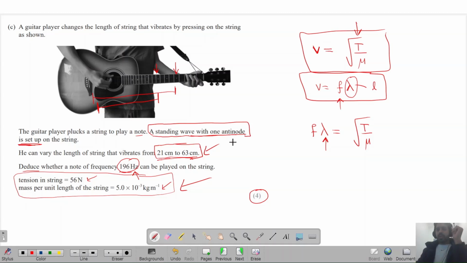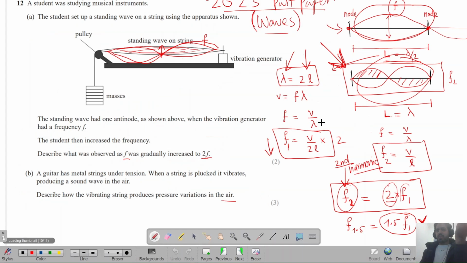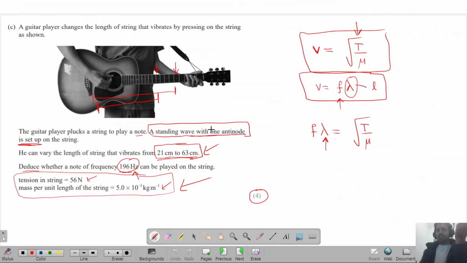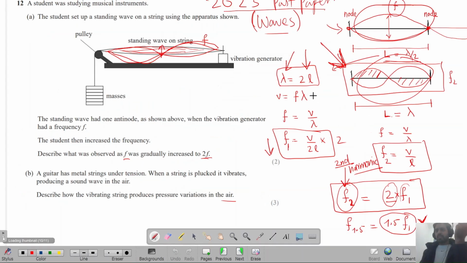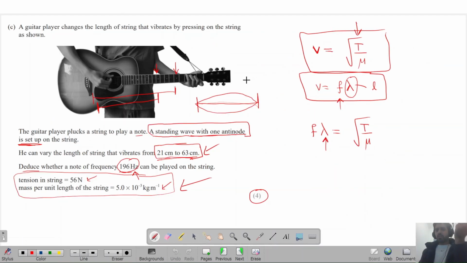If you have understood what I explained in the last part, you must understand that the wave they are talking about, having one antinode, is this standing wave. This standing wave has one antinode, and I derived a relation between length and wavelength for this standing wave. You can see here, it's lambda equals 2L, right? So lambda must be equal to 2L.